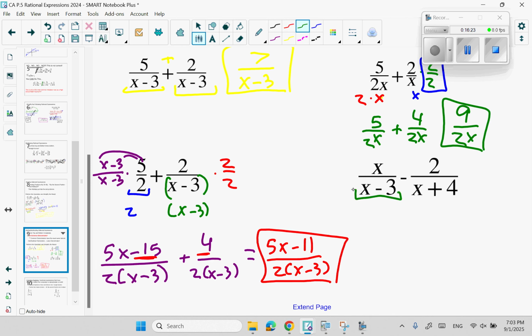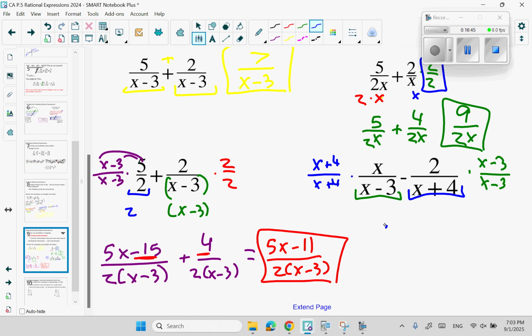Here, I have x minus 3 as one thing, and I have x plus 4 as a different thing. So I'm going to multiply the second fraction by x minus 3 over x minus 3. It's missing that factored term. And this one I'm going to multiply by x plus 4 over x plus 4.